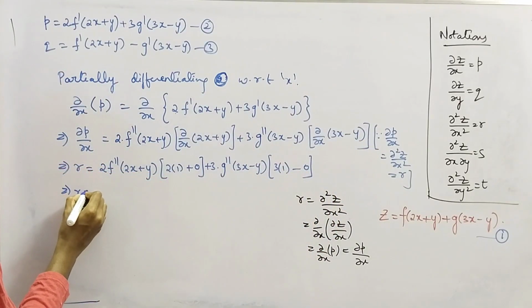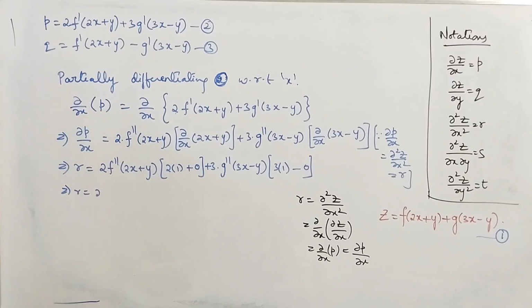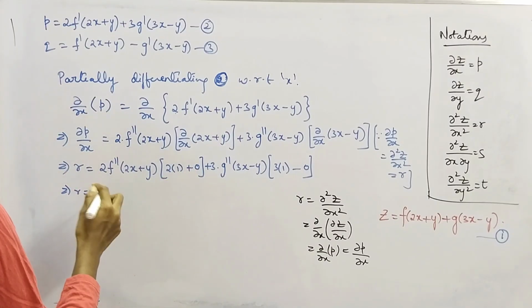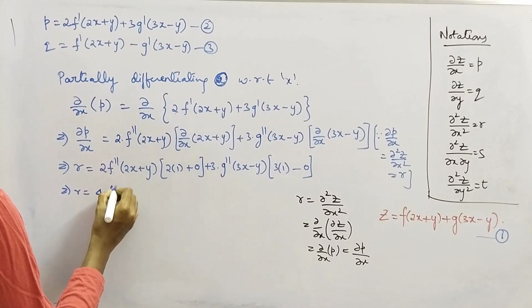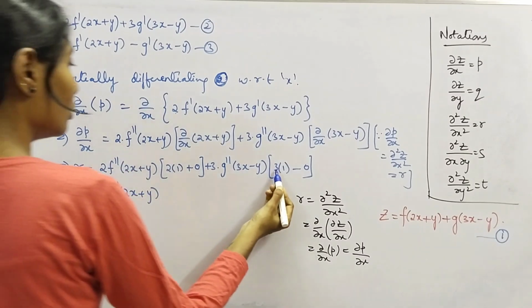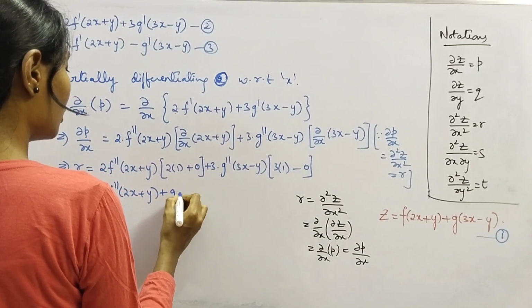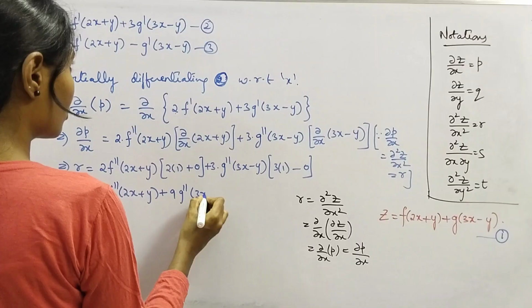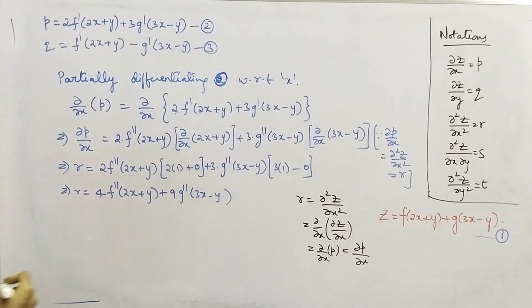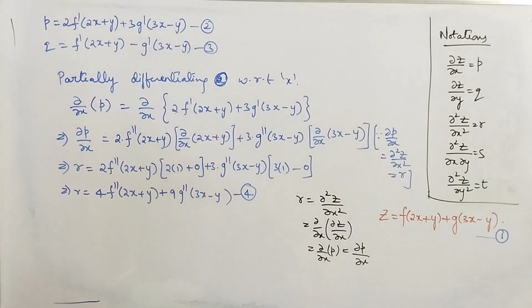This gives us r equal to 2 into (2 + 0), 2 2s are 4, so you will get 4f''. Then 3 into (3 − 0), 3 3s are 9, so you will get 9g''.